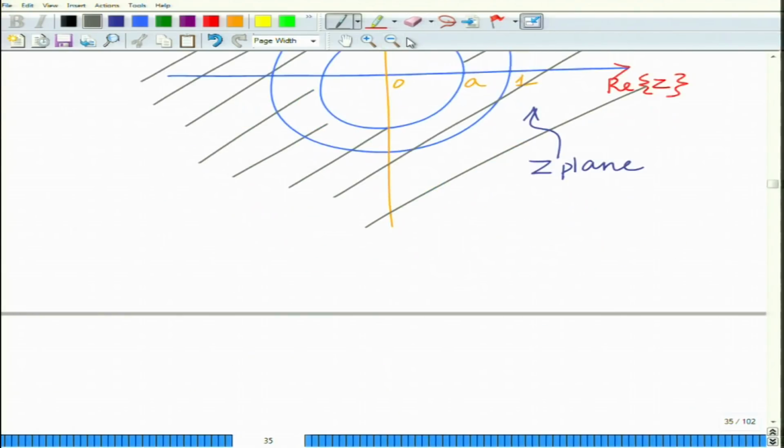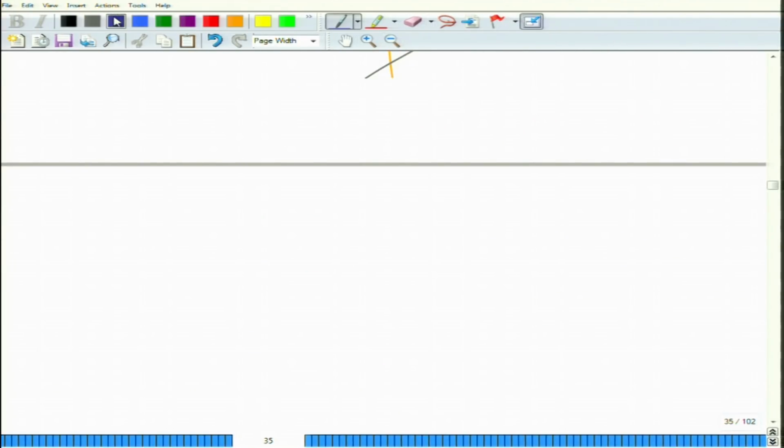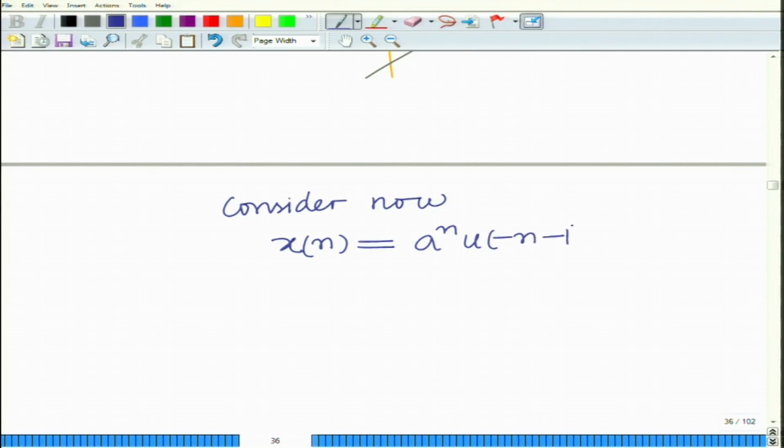Okay. Consider now a slightly different signal. This is a^n u[-n-1], that is basically equal to a^n for n plus 1 greater than or equal to 0, which means n less than or equal to minus 1, and equals 0 otherwise.